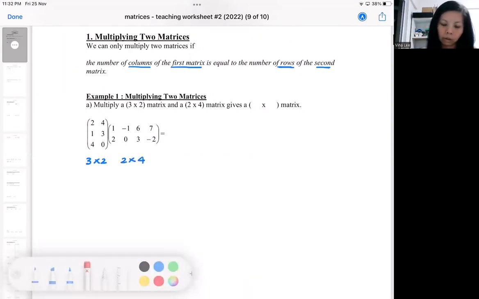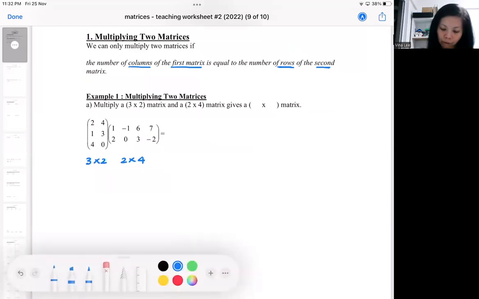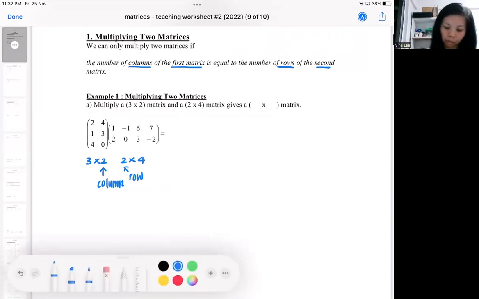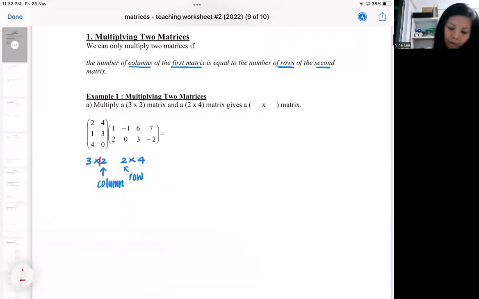Look at the condition: this is the column of the first matrix, and this is the row of the second matrix. They need to be equal, so you look at the middle number.